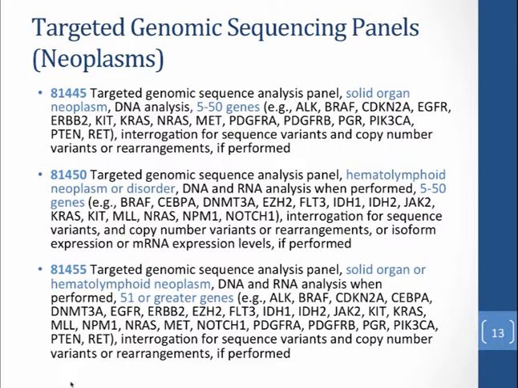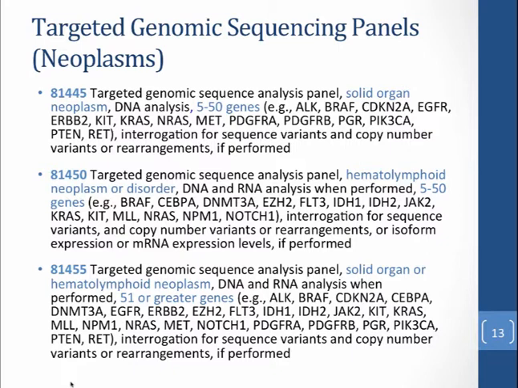Now here you notice they do not specify required genes. The EG in the description is for example. So, these are simply examples of the typical genes. You can run any clinically valid set of genes or other measurements that you want, and you still end up with this code.